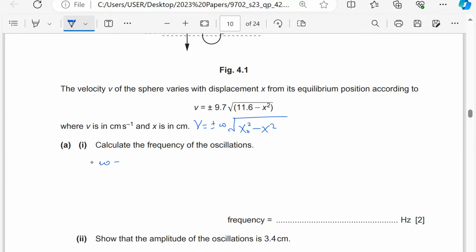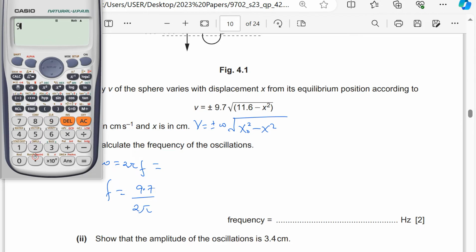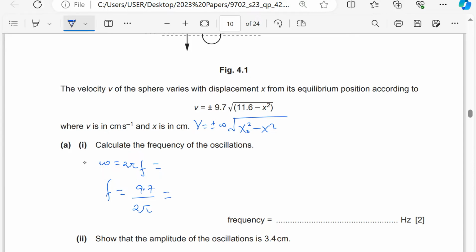So we know that omega is equal to 2 pi f. So f is equal to omega, which is 9.7 when you compare the equations, divided by 2 pi. So 9.7 divided by 2 pi is 1.54.